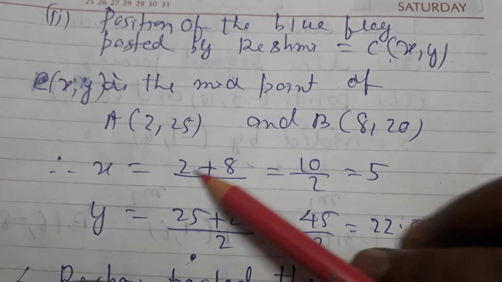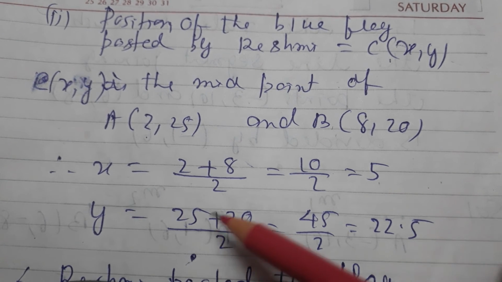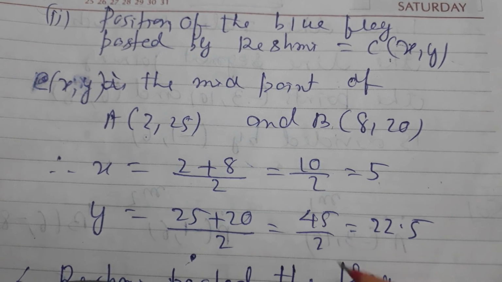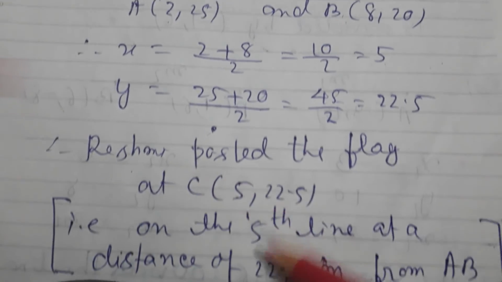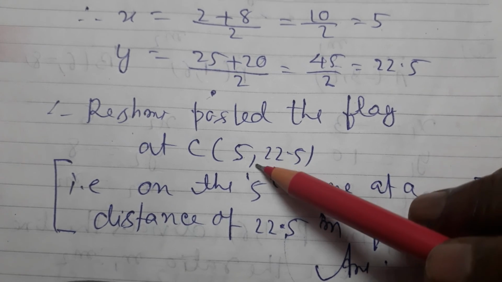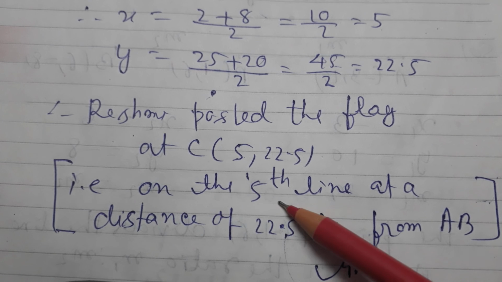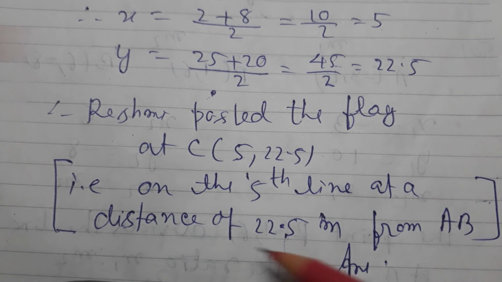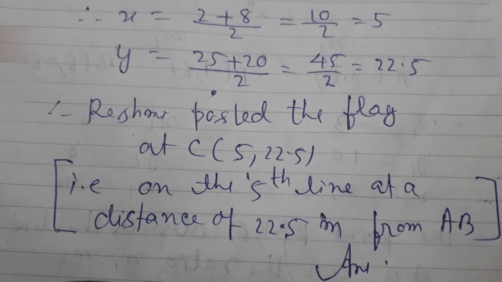Formula is x1 plus x2 by 2, that is 5. And y equal to y1 plus y2 by 2. So 45 by 2, 22.5. So Reshmi posted the flag at point C, whose coordinate is 5 comma 22.5. That is on the fifth line at a distance of 22.5 meter from AB.